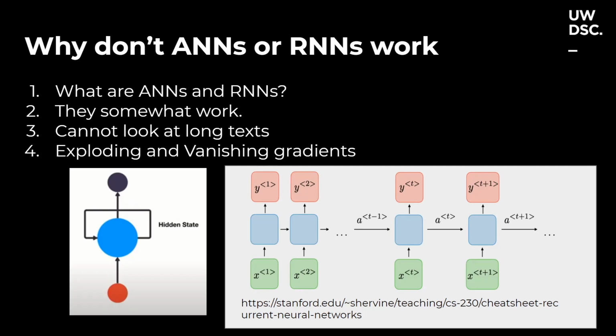And that is somewhat fixed in RNNs. And when I say RNNs here, I mean recurrent neural networks. This type of neural network is better than ANNs at looking at sequential data, because when you look at ANNs, they usually just go from this red circle into this blue circle, which is, I guess, the cell or the model, and then there will be an output.